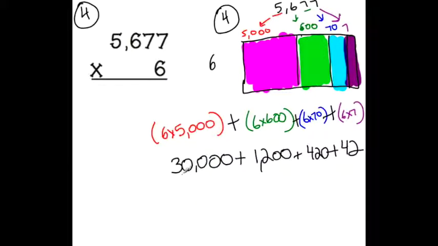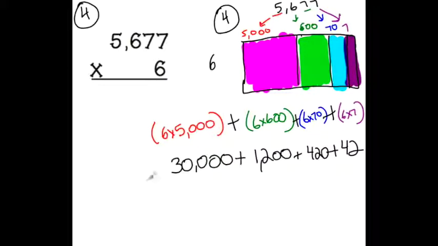Okay? So this is the answer for that. The answer, the answer, and the answer. See how I don't necessarily want to write this up here? There's not enough room. So I'm just going to leave my equation and I'm not going to label here, and that's okay.